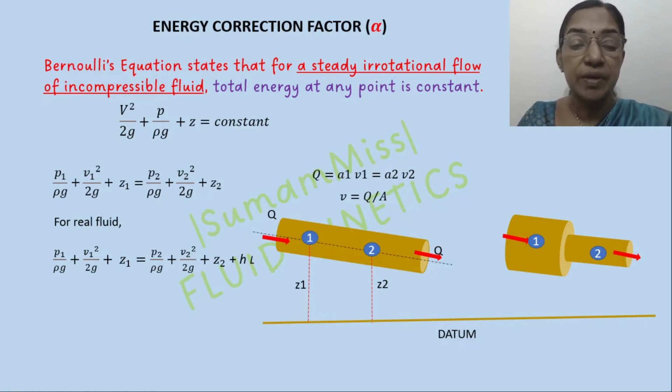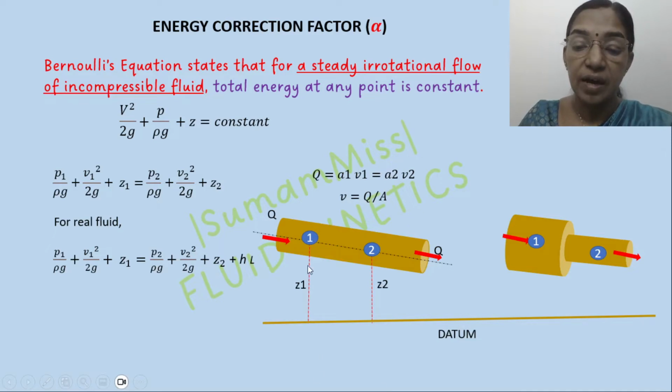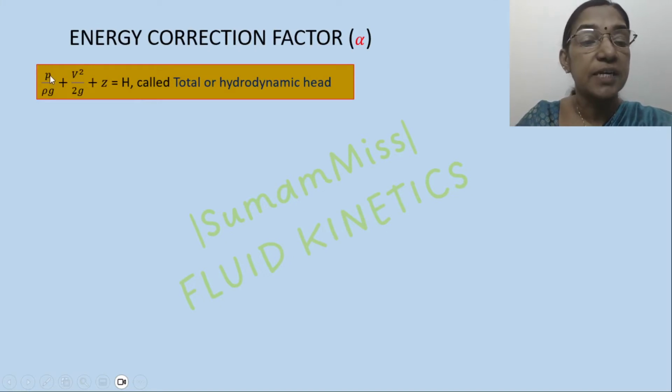Here V1 and V2 at section 1 and section 2 are the average velocity, which we can obtain by the equation V equal to Q by A. The summation of pressure head, velocity head and position head is equal to total head, also called hydrodynamic head.